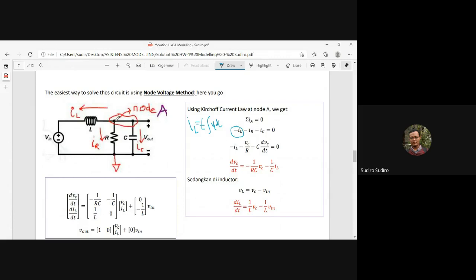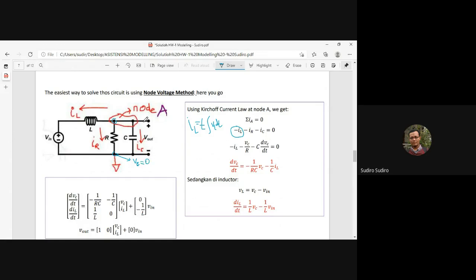We know that the voltage at the node of the resistor is node A and the ground is the node with value Vg equal 0.